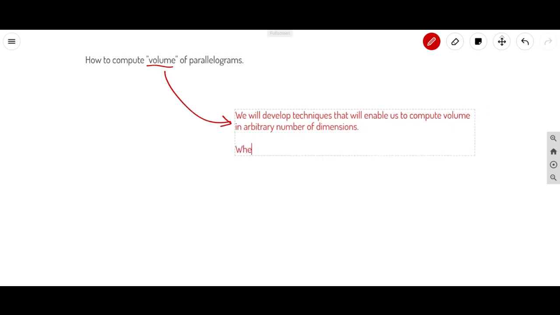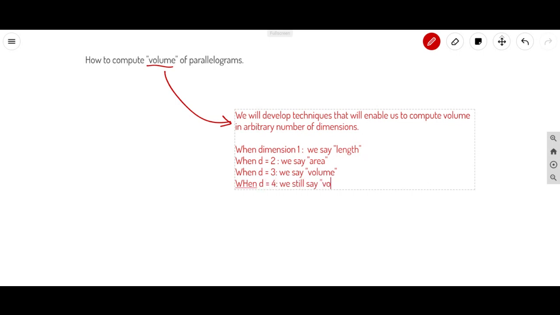When the dimension is equal to 1, we say length. When the dimension is equal to 2, we say area. When the dimension is equal to 3, we say volume. And when d is equal to 4, we still say volume.